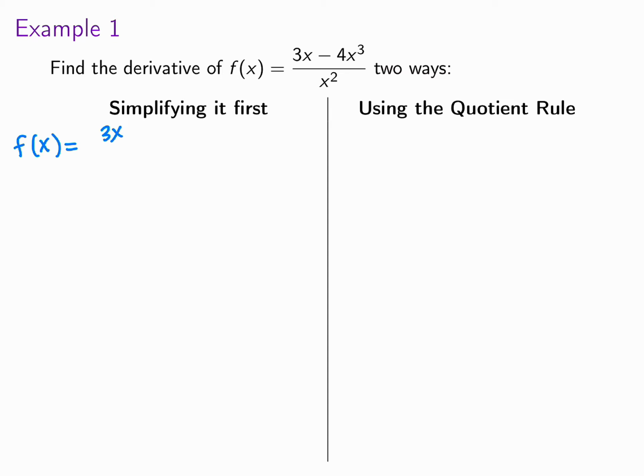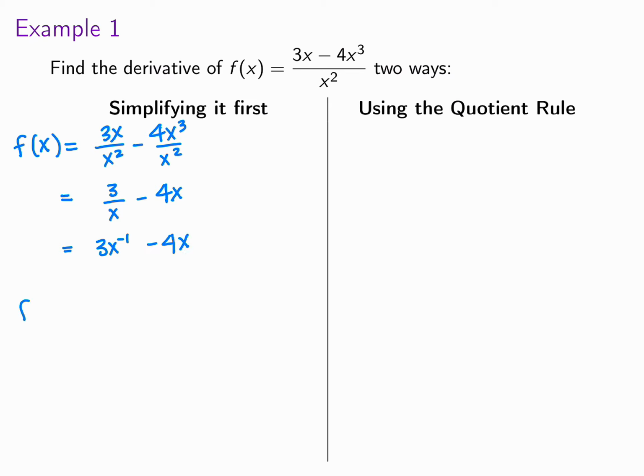I'll have 3x over x squared minus 4x cubed over x squared. And this will simplify further to 3 over x minus 4x. And since I'm taking a derivative, I'm going to go one step further with this simplification to make my power rule easier. That is 3x to the negative 1 minus 4x.